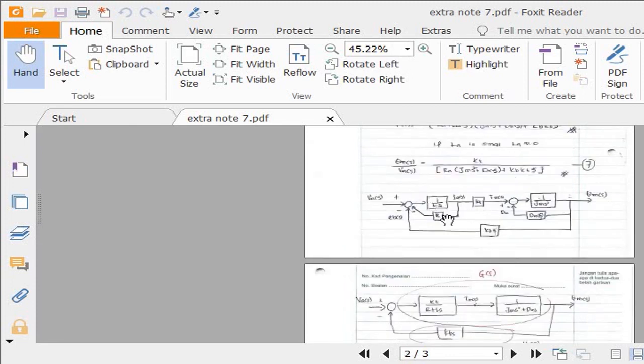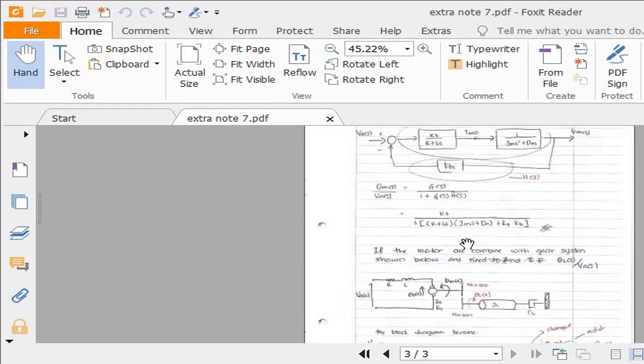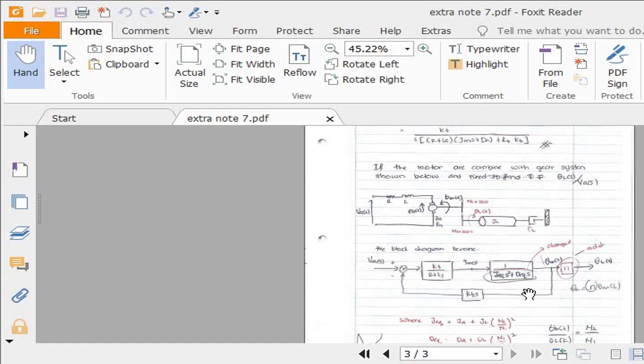Okay, if you simplify this by applying the concept that we have studied in block diagram reduction, you can get this. Okay, that is another example.